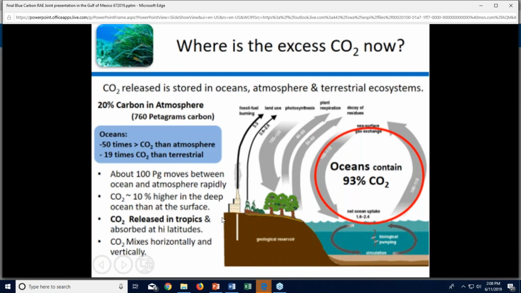And a lot of this carbon dioxide goes in at the high latitudes and is released in the upwelling of the mid-Atlantic, mid-Pacific, etc., equatorial currents, and carried by the Coriolis over to the continents. And there are about 50 times more carbon dioxide dissolved in the ocean than in the atmosphere, is the oceanographic estimate, and 19 times more than in the terrestrial.